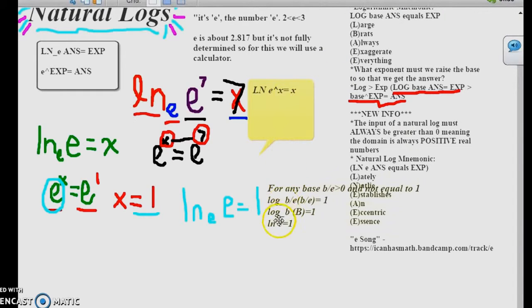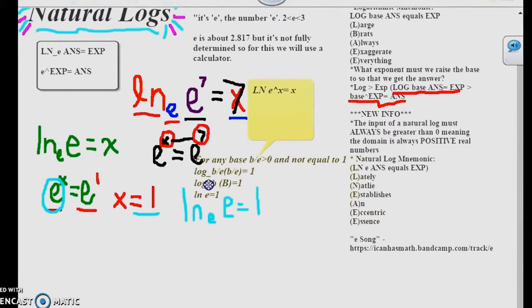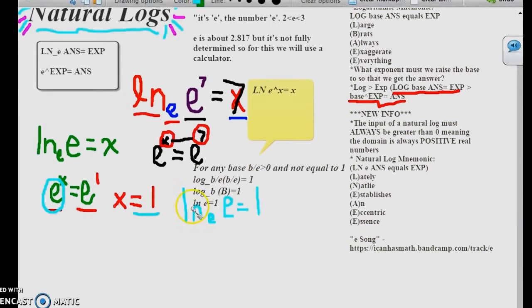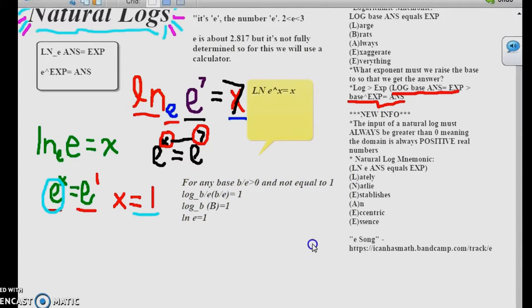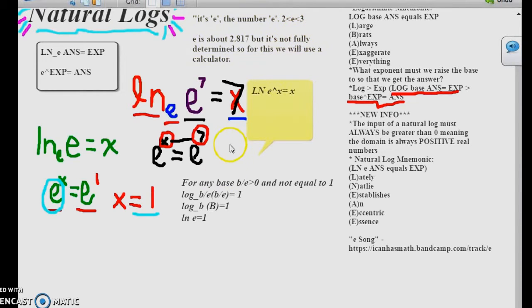Let's move that where you can see it. Since e is greater than 0 and e is not equal to 1, because we said e is greater than 2, less than 3, it pertains to this theorem.